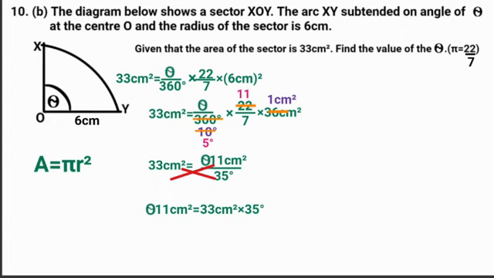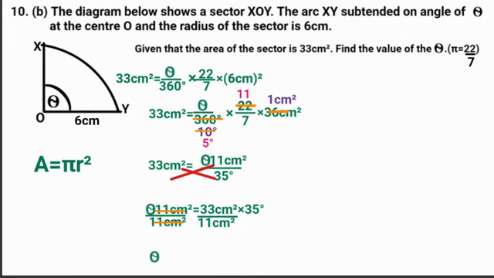Then I'm going to divide both sides by 11 centimeter squared. So theta 11 centimeter squared divided by 11 gives me theta. That means the 11 centimeter squared will be cancelled out and leave me with theta.